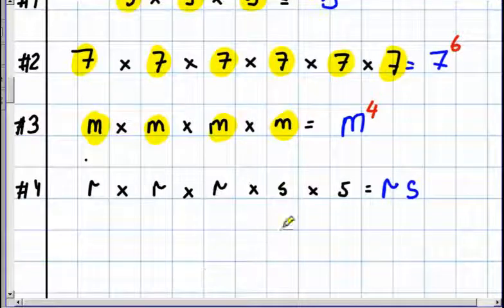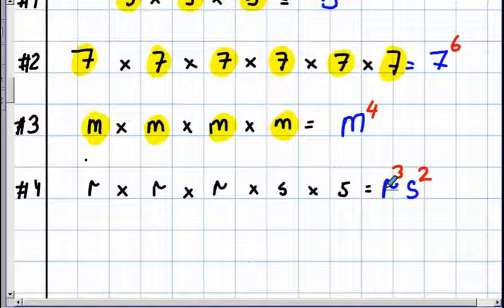Could anybody think of how we might have another go at it? Yes, in the middle. R to the what power? I thought you knew, that's why you put your hand up. Good. R3 and very good.